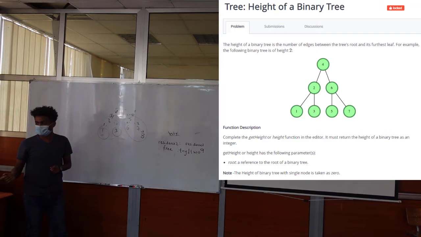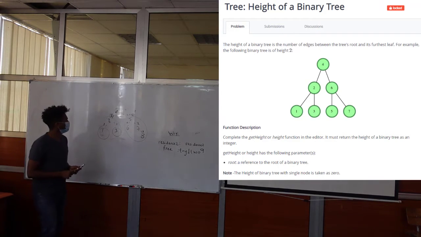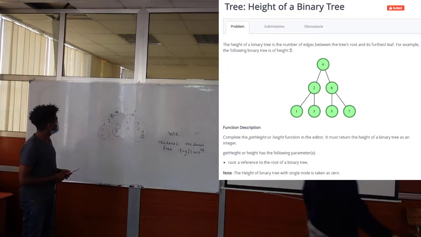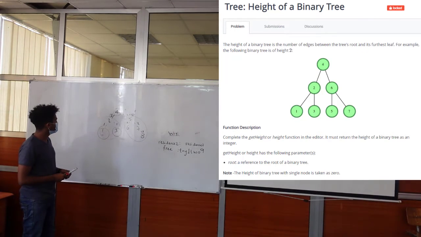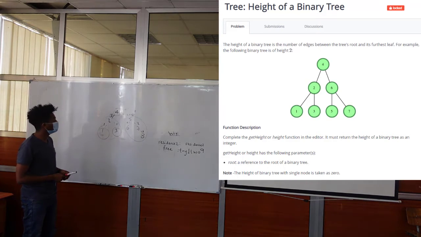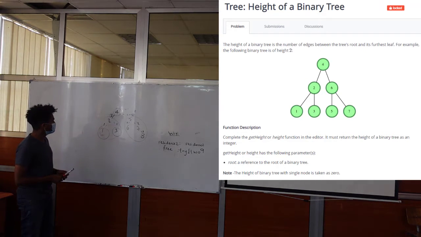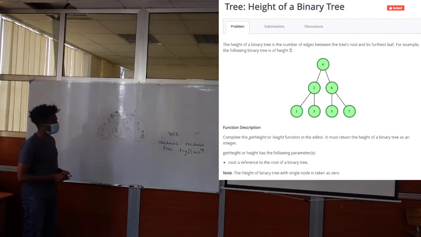Can we also do time and space complexity analysis? So I guess in this case, time complexity is O of n, n being the number of nodes in the tree, and space complexity, I guess that's also O of n.